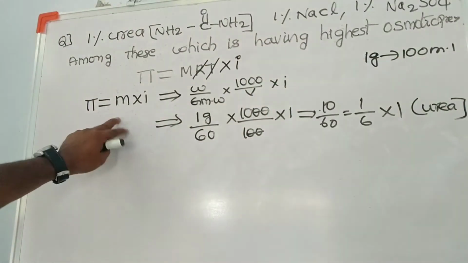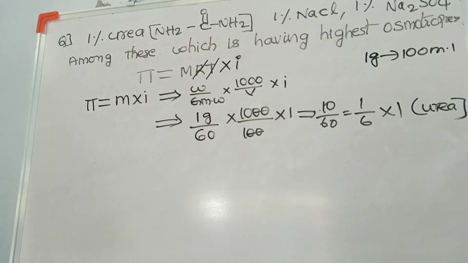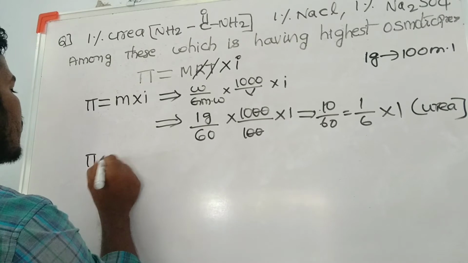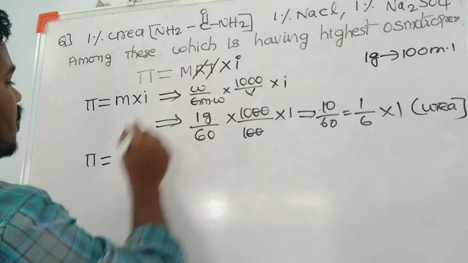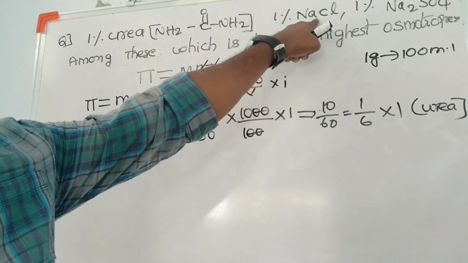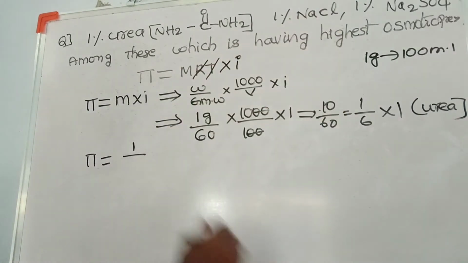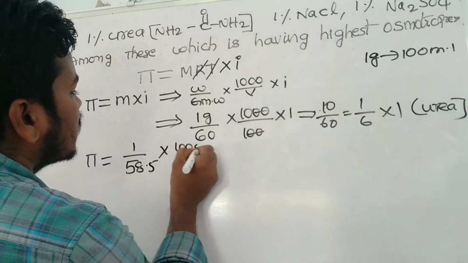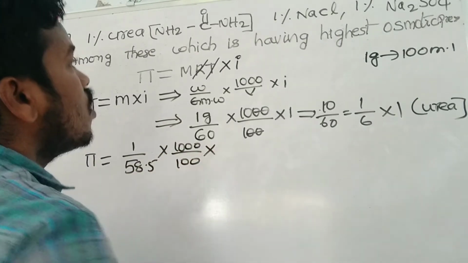Now apply the same formula to NaCl. The weight is 1%, and the NaCl molecular weight is 58.5. So 58.5 into 1000 upon 100, into i.